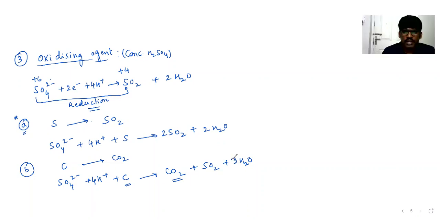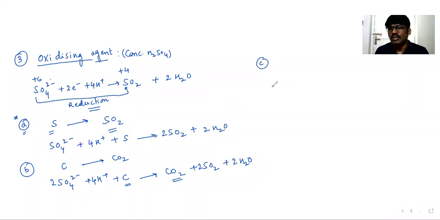Here 3, if you balance it with this, 3 times 2 is 6, and here 2 sulfate ions are there, 2 sulfurs this side, 2 sulfurs other side. If you check it, sulfurs are balanced, but oxygens are not balanced. And sulfur can be oxidized to sulfur dioxide, that also can be taken.